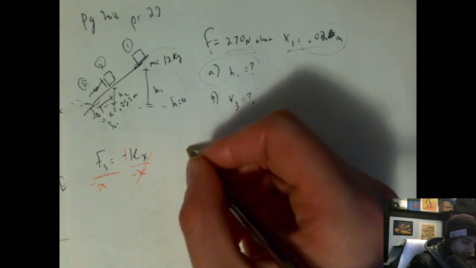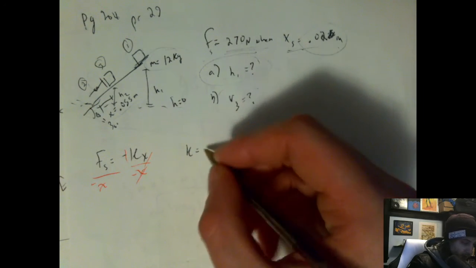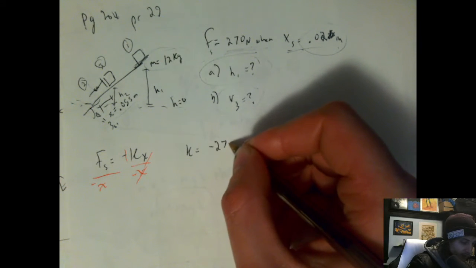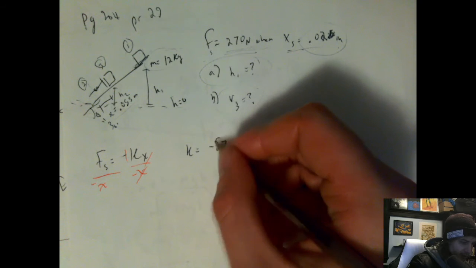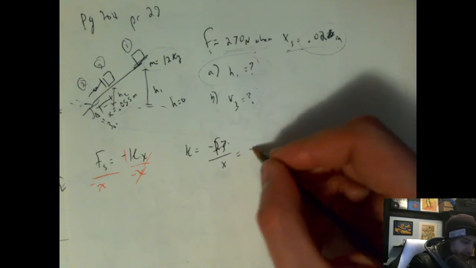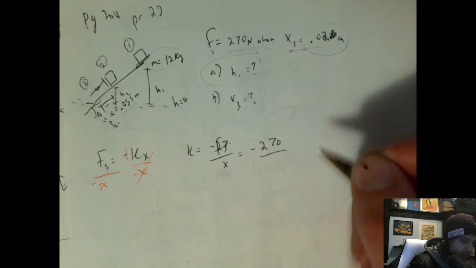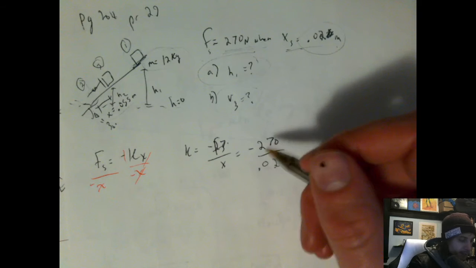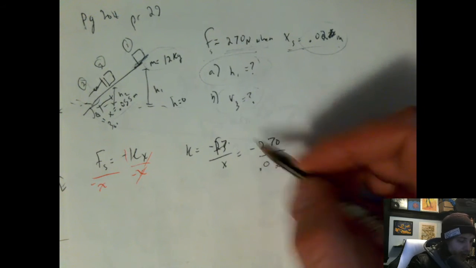And what that'll leave me with is that k is equal to Fs over x, which is negative 270 over 0.02. Now, will this be negative?